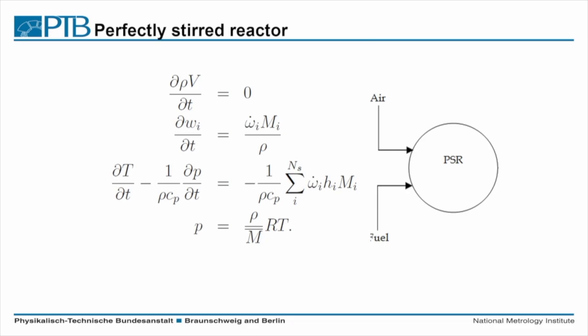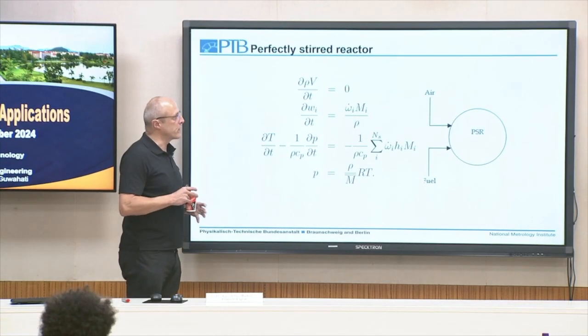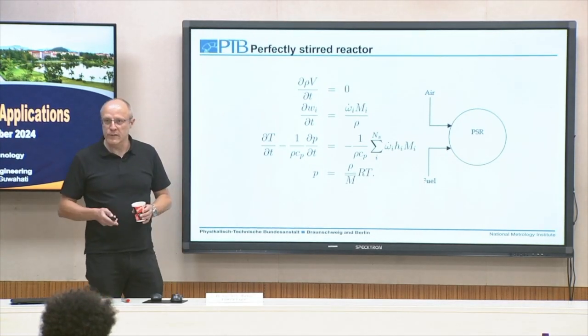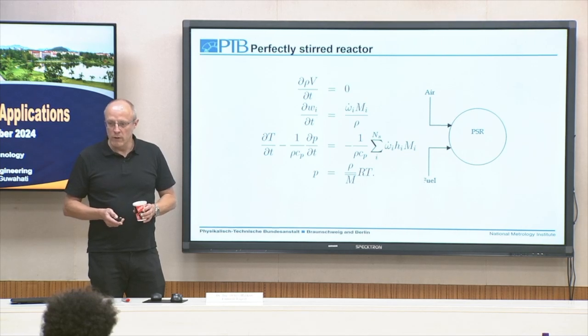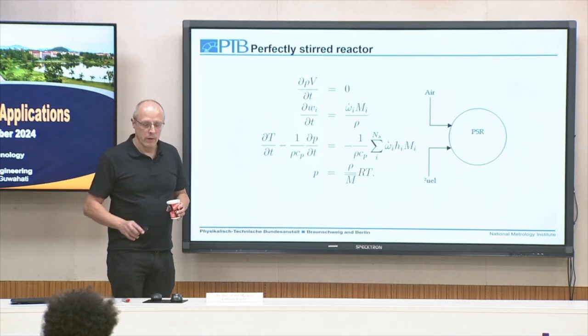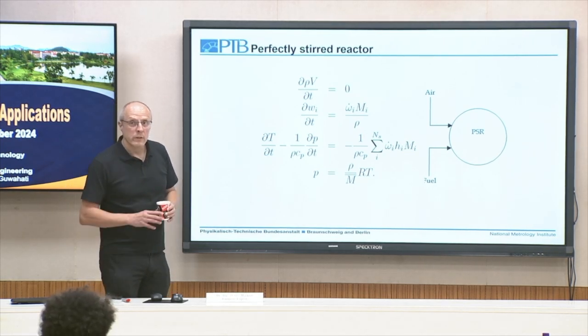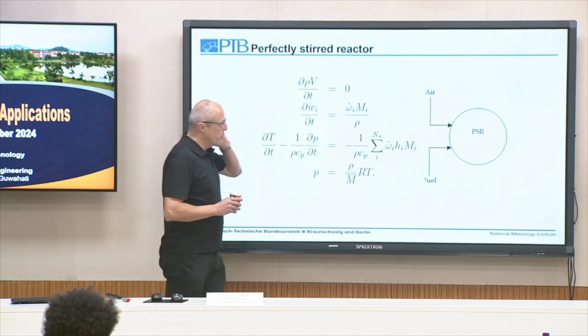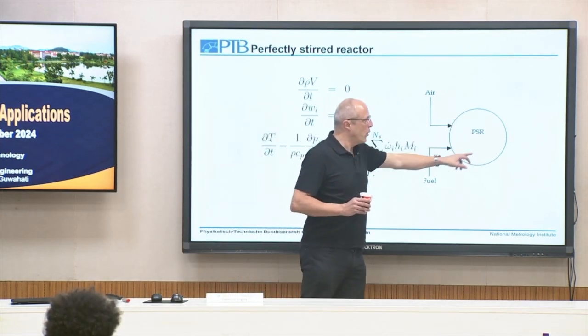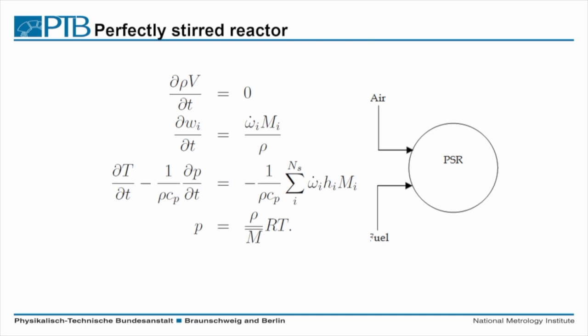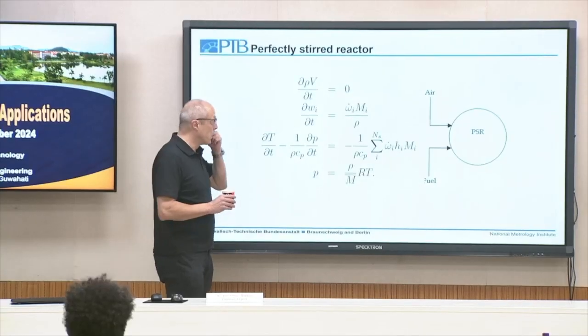So for this simple example, the perfectly stirred reactor, we have discussed this model already with Cantera. So we assume here that we have a homogeneous mixture at given initial conditions. So we know pressure, temperature, and mixture composition at the beginning.